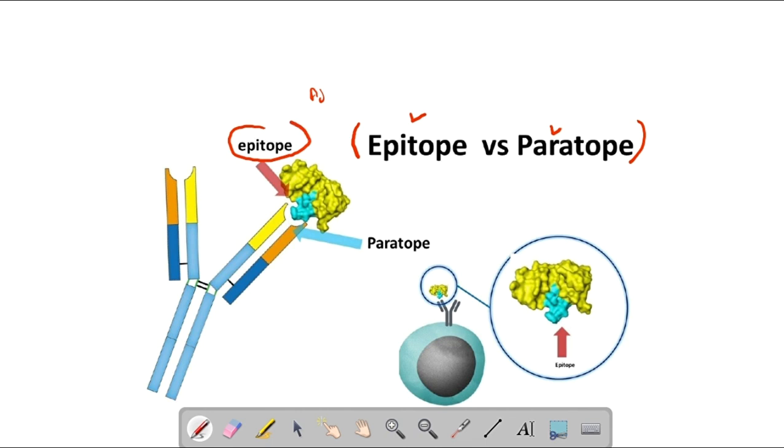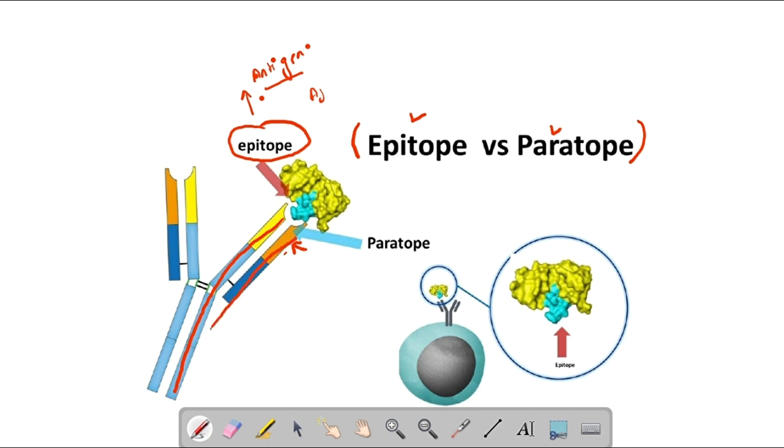Epitopes are any part of the antigen that binds with the antibody. So this is the epitope. This is basically part of the antigen, and the antigen may be any type of pathogen or its part.